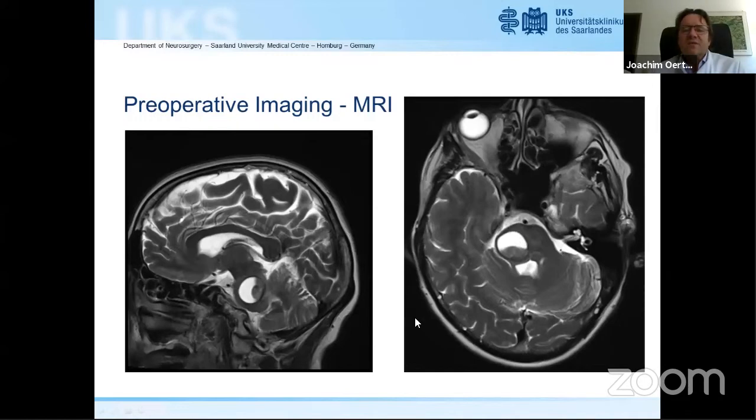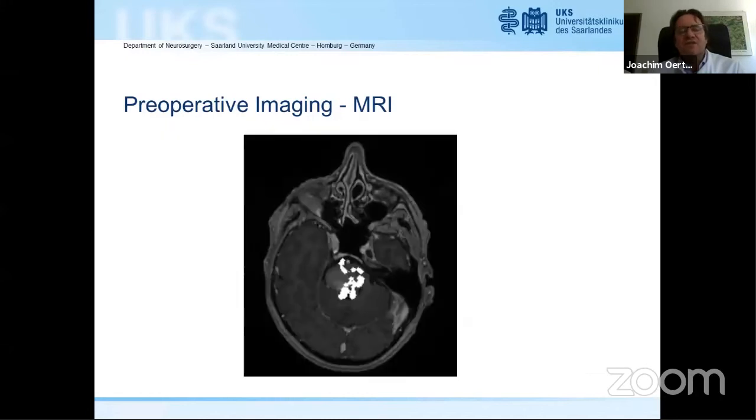And then you can come from the retrosigmoid here. There's a very thin parenchymal layer between the cyst and the subarachnoid space, so I think it would be a good option. And the fiber tracking supports that coming from the retrosigmoid above the trigeminal nerve is probably a very nice approach for this lesion.